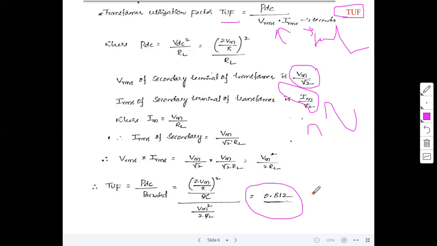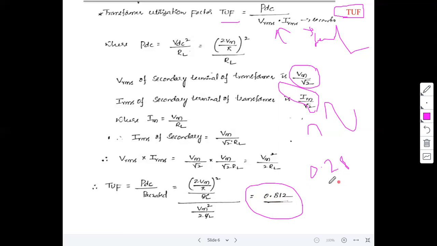Transformer utilization factor. What is meant by transformer utilization factor? Transformer supplies the AC power to the rectifier circuit. How much of that AC power is utilized for converting into DC? Whereas in half wave rectifier, the transformer utilization factor is only 0.28.